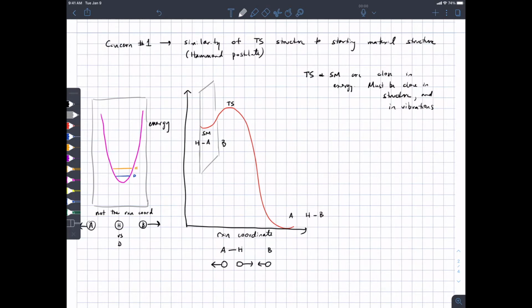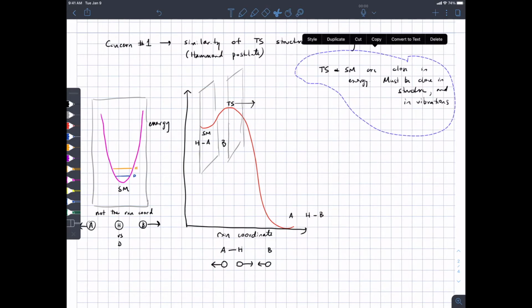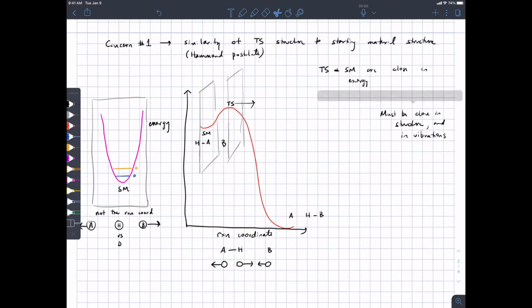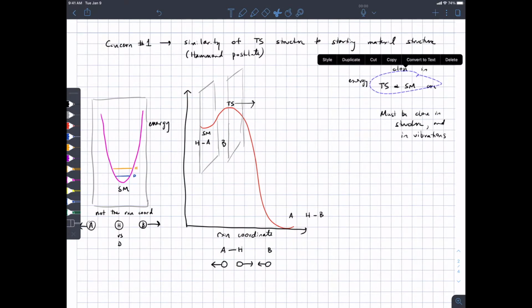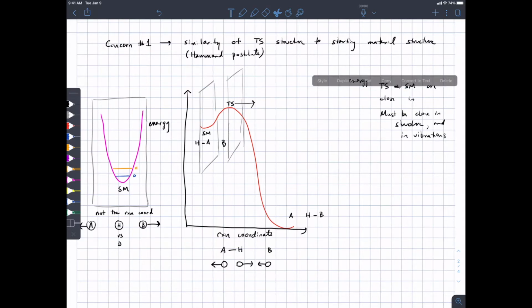So if we take a slice here, this is starting material, let's take a slice through the potential energy surface at the transition state, and let's examine what we would see there. All right, so we'll draw that slice here. Here is the transition state.